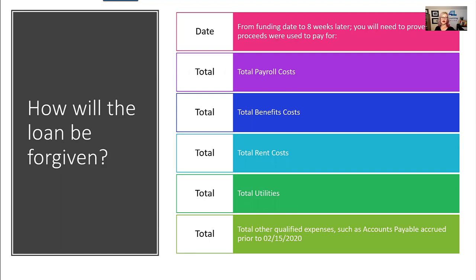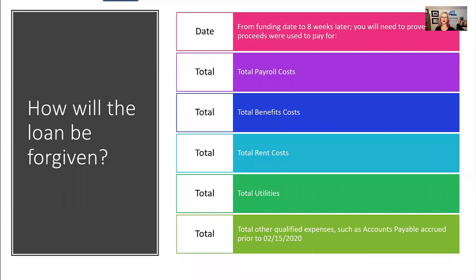How will the loan be forgiven? What you need to do is that you need to spend this money in 8 weeks, because remember, they're giving us the monthly average of our payroll times 2.5. So what we're doing is we're essentially paying for 2 months of payroll, plus we get that 0.5 to pay for other expenses.